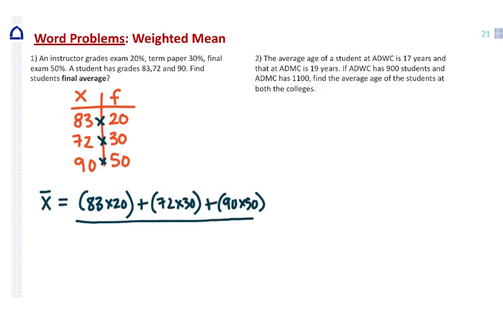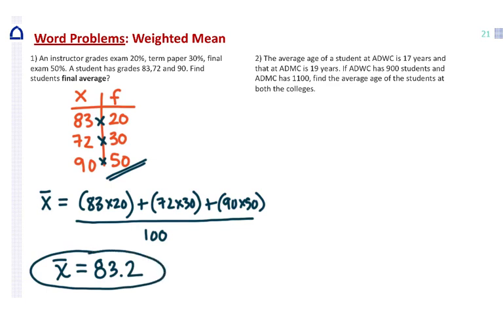And then we would add up all the weights. The sum of the frequency is 100. And then when we do that calculation, we would get the average. Either way, calculator or by calculation, we get the mean. The weighted mean in this case is 83.2.